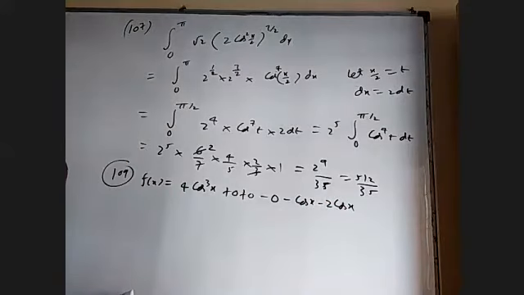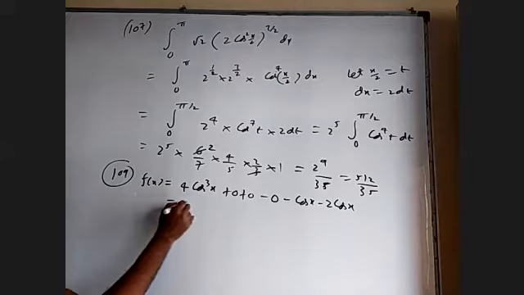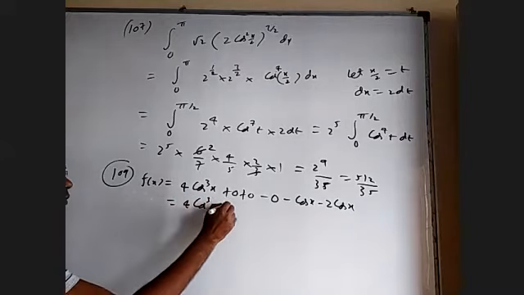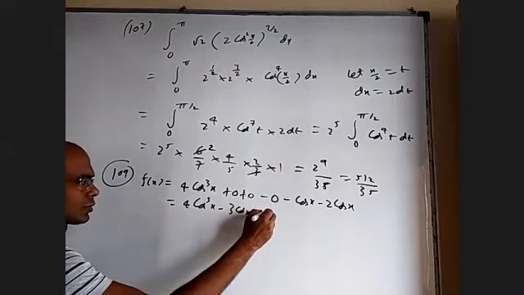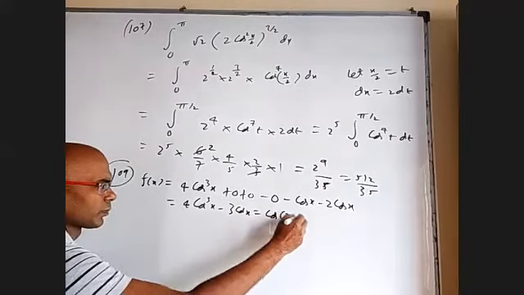Four cos cube x minus 3 cos x, which is exactly cos 3x.